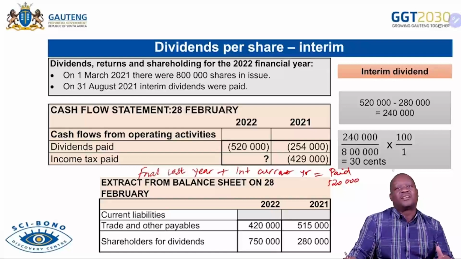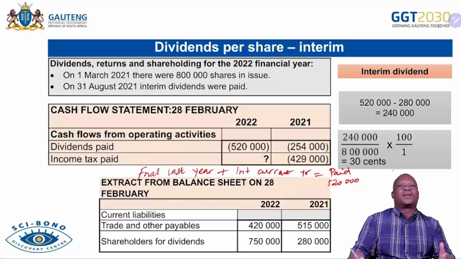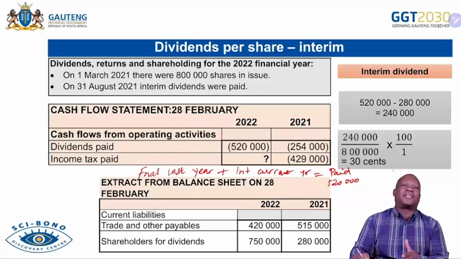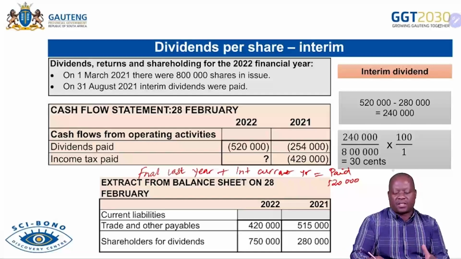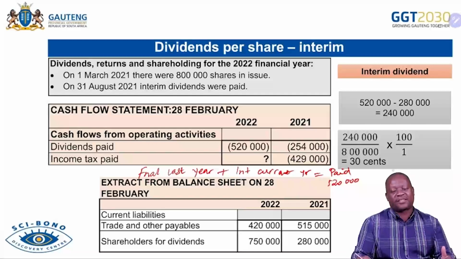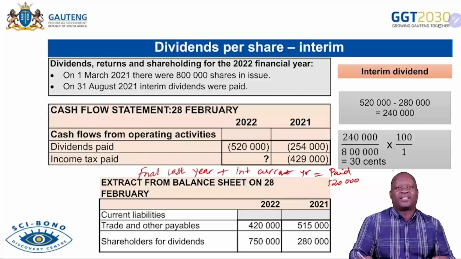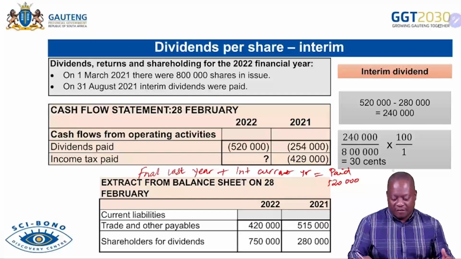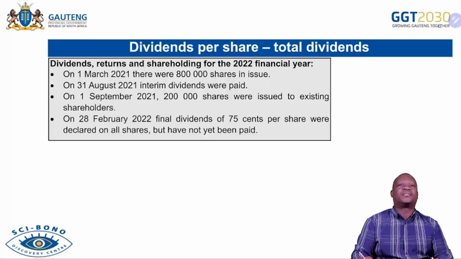So during our interim period, we were giving dividends of 30 cents per share. 30 cents times 800,000, that's how we got to our 240,000. Now I can see you guys doing this better than anyone else can ever do going forward.